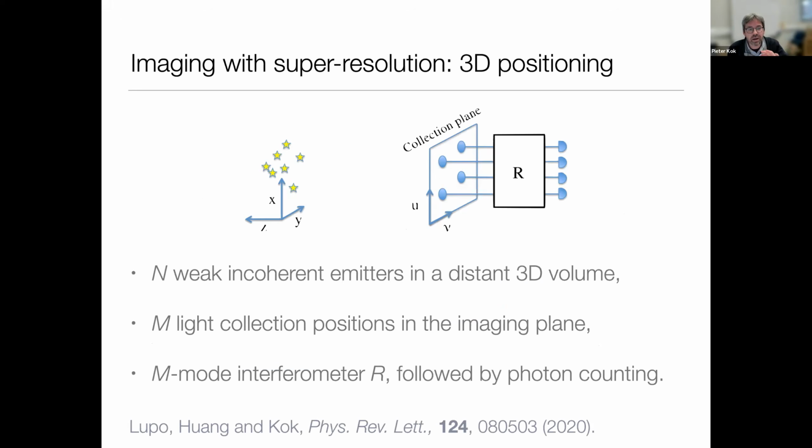What if we have n weak incoherent emitters, so a star cluster or whatever, somewhere far away in a three-dimensional volume, and we want to measure something where we have m light collection positions in this collection plane, and then we send it all into an arbitrary m-mode interferometer that we indicate by R, and then we do photon counting. So we have complete control over the interferometer, but we have no control over the sources.